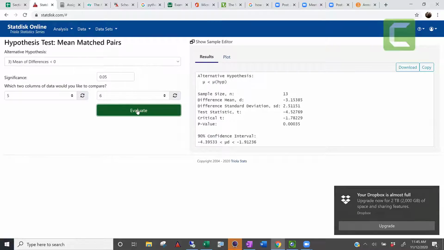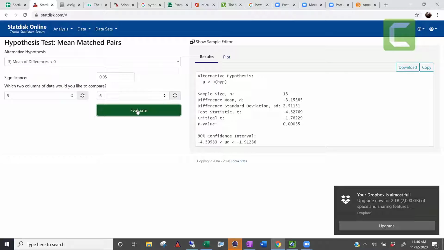Bam. Let's take a look at what that's saying. What's the information that I need to get off this page? The p-value. And the p-value is 0.00035. So kind of on the small side. Can someone finish this sentence for me? If the p-value is low, let it go. Let it go.